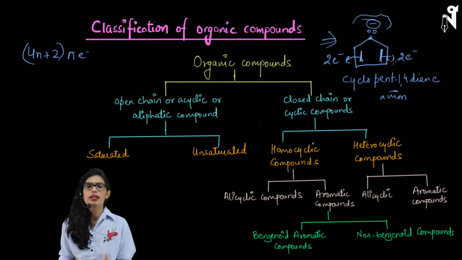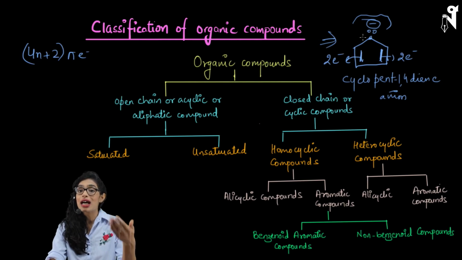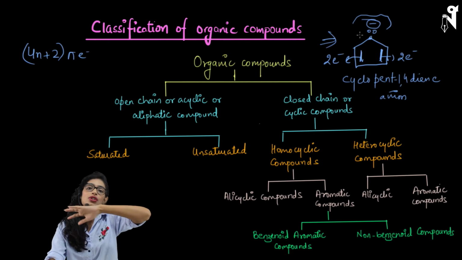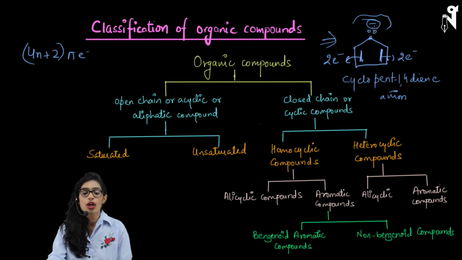Why, how, we will look at the structures later on. But for now, take it as a fact that the negative charge is because of these two electrons. One electron is the carbon's own electron, and one electron is of some species which has broken its bond with the carbon and given away the electron. So the negative charge is 1, and you can see two lone electrons, two lone pair of electrons.